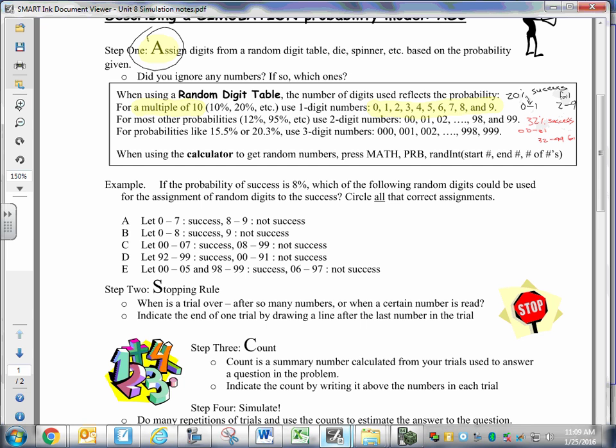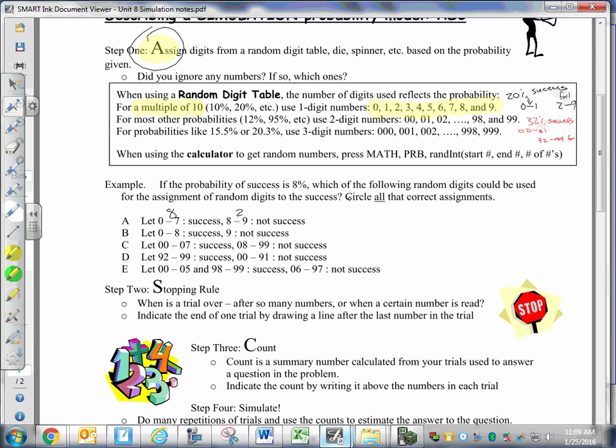Well, let's see. If 0 through 7 was a success, how many total numbers is that? 0 through 7. How many numbers are 0 through 7? 8. 8 successes. 8 through 9 would not be successes.